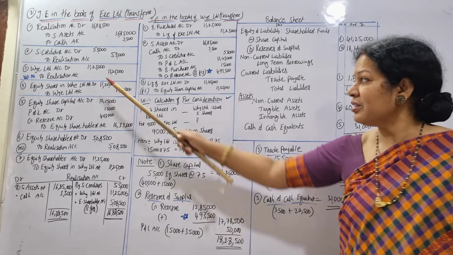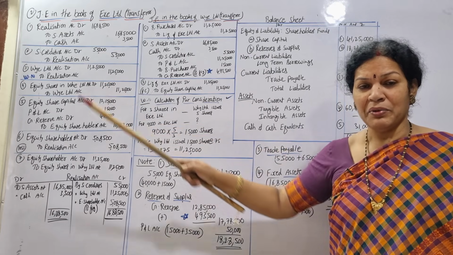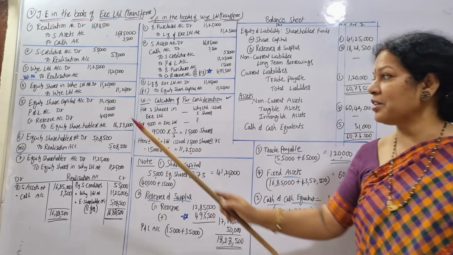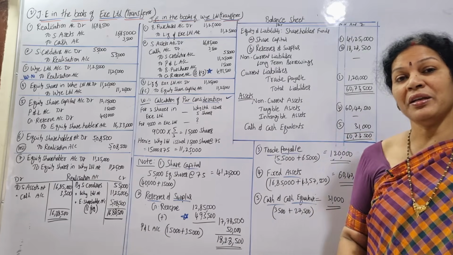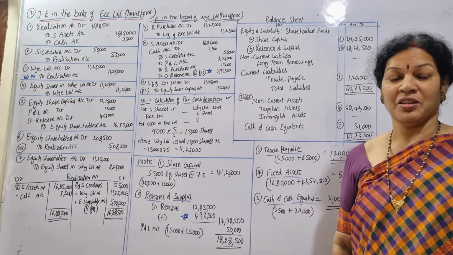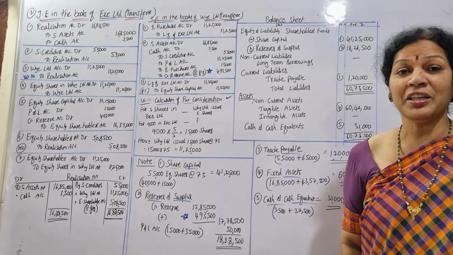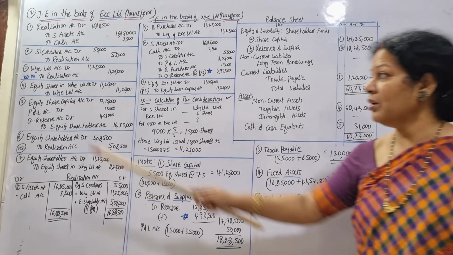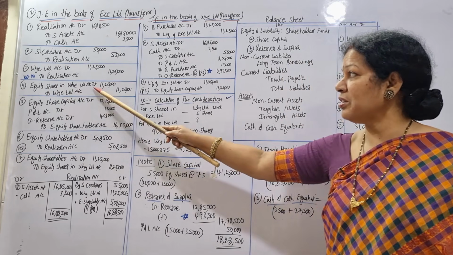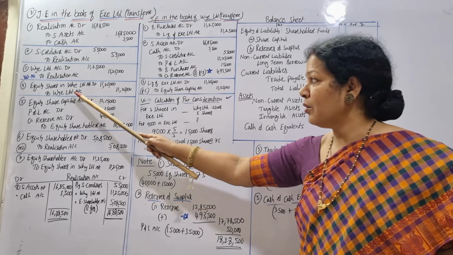Next, this third entry is due. Next we have to pay. When we have to pay, that comes to the next entry only. So how are we paying? We are paying through the shares. Okay. Debit what comes in? What are we getting? Shares we are getting. So we are writing on the debit side equity shares in Y Limited company account debit to Y Limited.